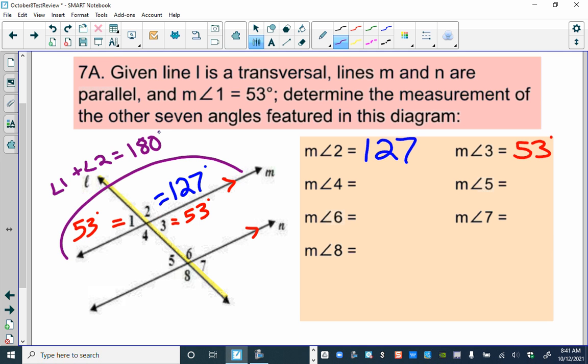Angle 1 plus angle 2 must add up to equal 180 degrees. And that's how we get the 127. We have to do 180 minus 53.